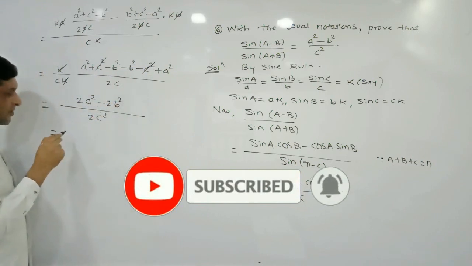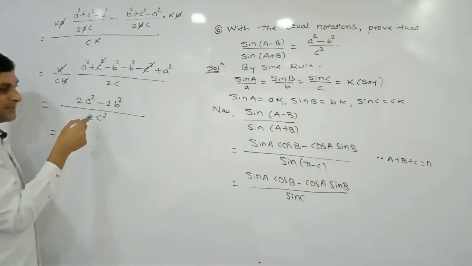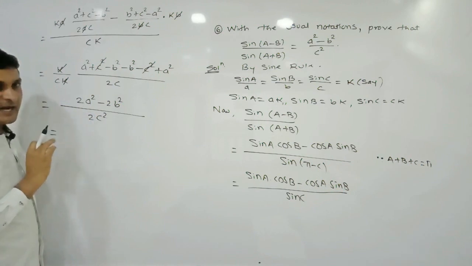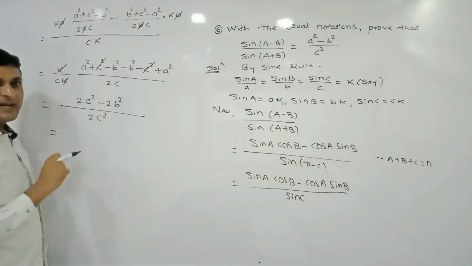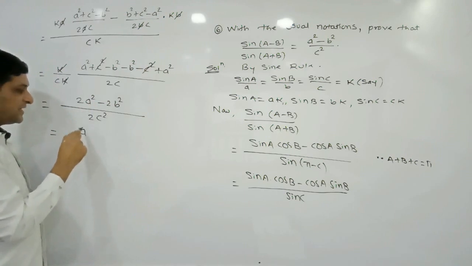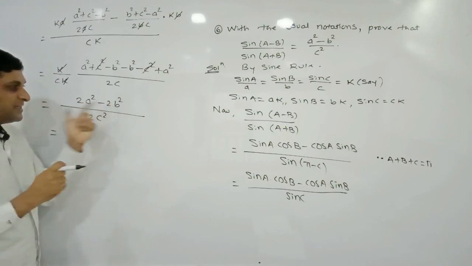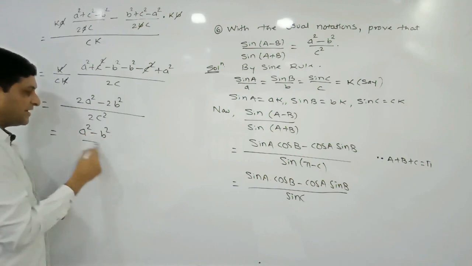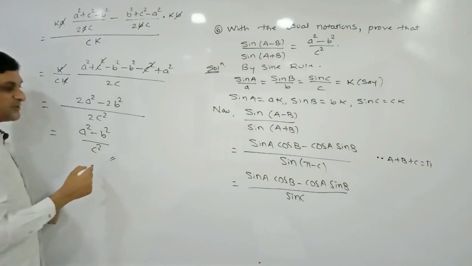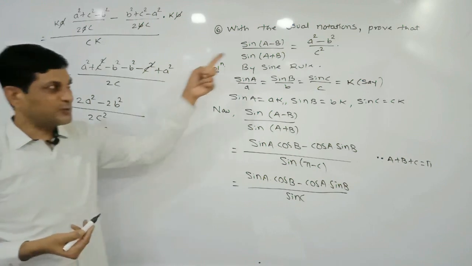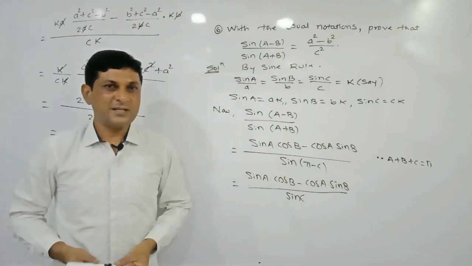Both the terms in the numerator and the term in the denominator are divisible by 2. After dividing the numerator and denominator by 2, the remaining term in the numerator is a square minus b square, and in the denominator the remaining term is c square. And a square minus b square upon c square is our required result.